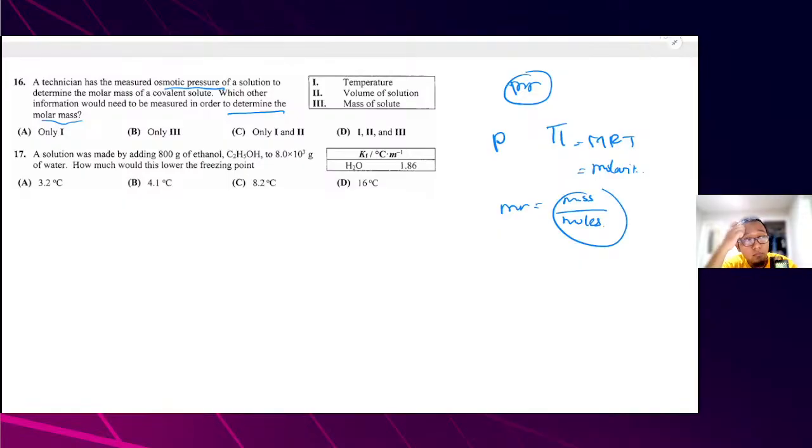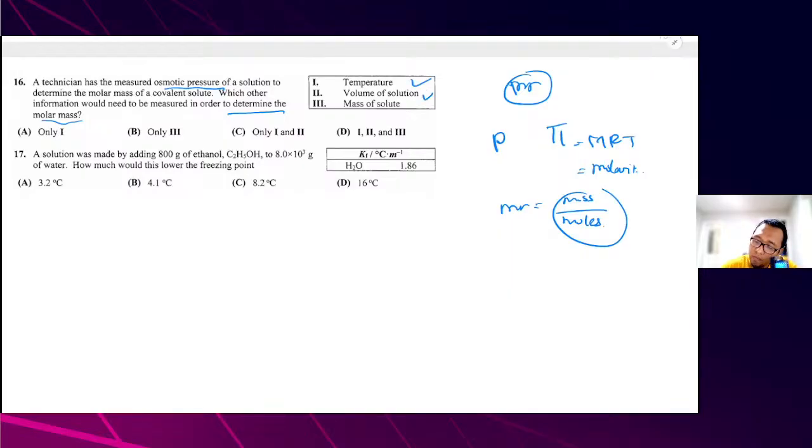Mass and moles. To get moles, we need the temperature, and then we need the volume.